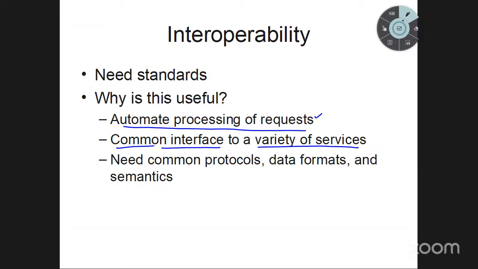Next, the client program is done in Java, the server program is done in ASP, or else this is done in Java and that in another way. So different languages, different platforms, different machines. This will happen only when you give this interoperability mechanism for your web service.